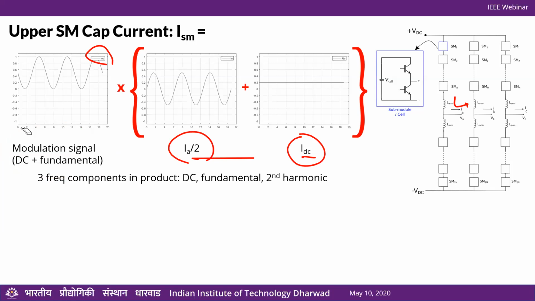Sorry, just one second. Okay, so we were saying that this signal now has 2 components. Somebody, I think, has a question. No? Okay.